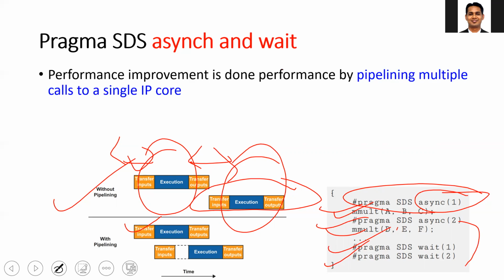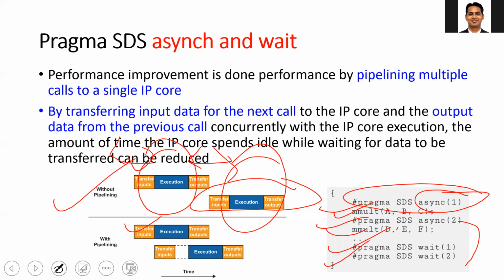So here what will happen? You will get improved performance by pipelining the multiple calls to the single IP core. Again, here I'm not using two different IPs, two different hardware. I'm using a single hardware. I'm pipelining the calls to the single IP core, and that's how I'm getting the improved performance.